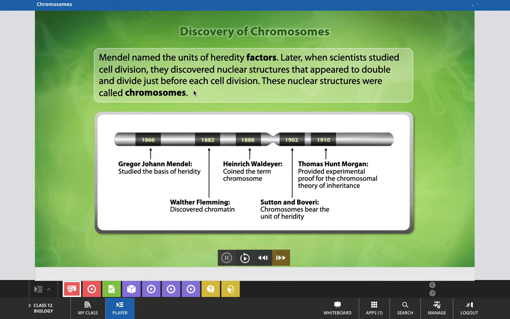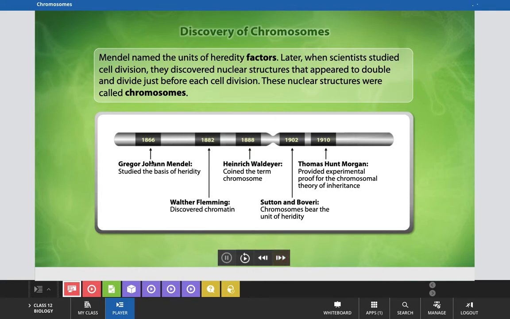But at that time, Mendel was not able to explain where these physical factors are present, because at that time, when Mendel studied the principles of inheritance, there was no such advanced microscope which can give rise to the study of the different structures related with the nucleus.